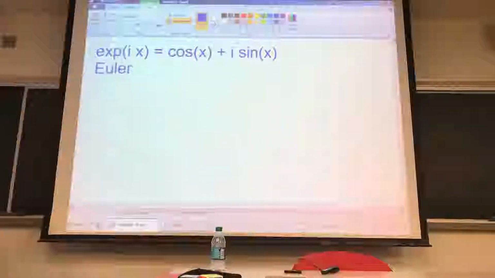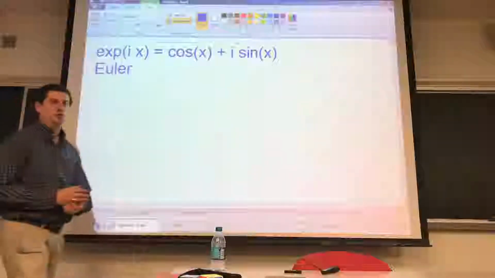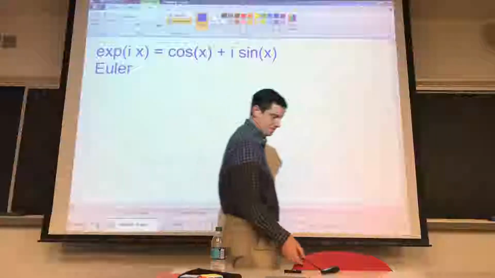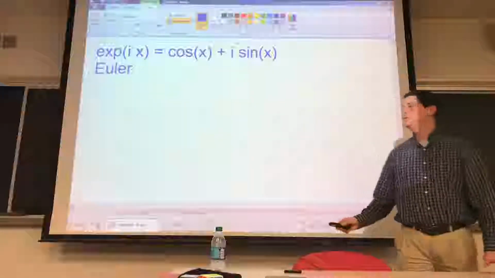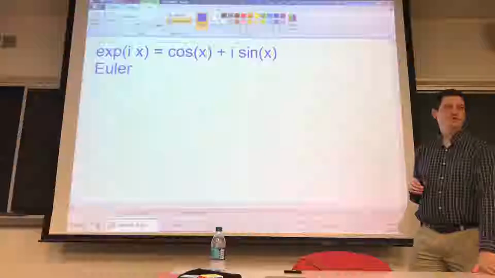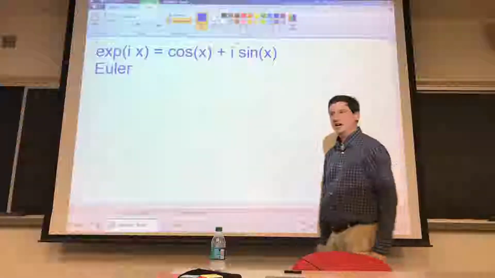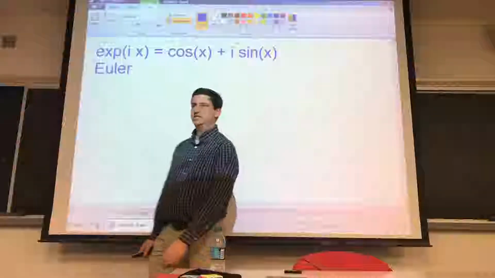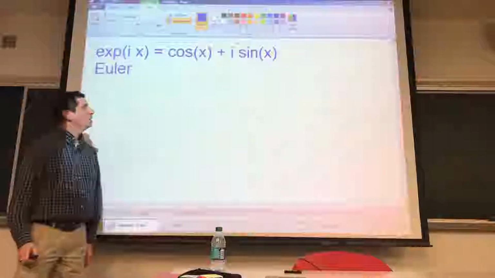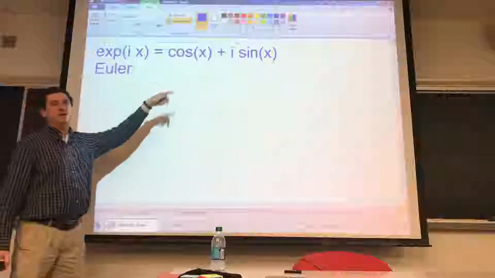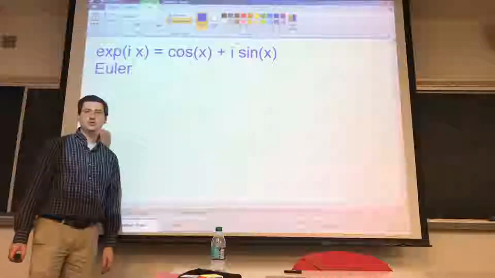This is the great Euler formula. So you can prove all of trigonometry very quickly from this. So if people are interested, after we break, I'll show you how to derive all of trigonometry from essentially this relation. If you increase x by 2 pi, you return to where you started.